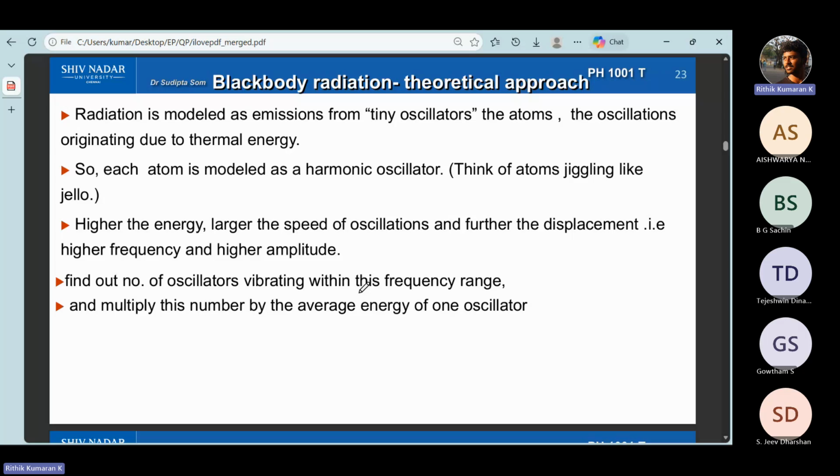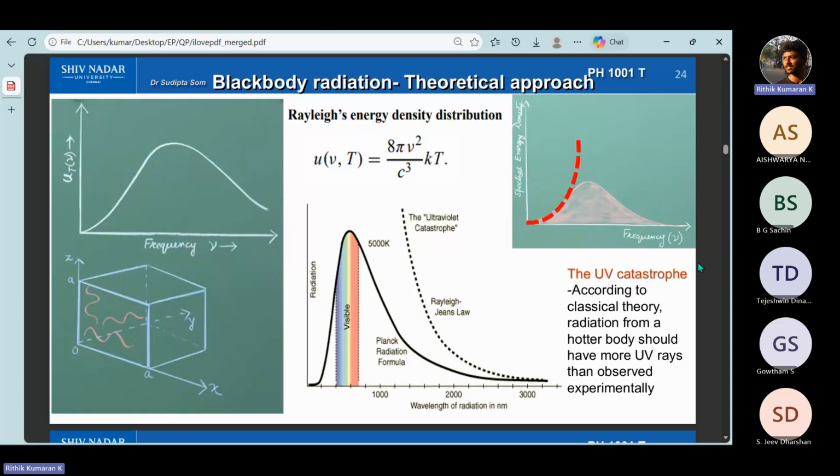Next, coming on to this graph, observe this graph. Before that, we go on to a formula, which is Rayleigh's energy density distribution. So how do we get this formula? The total energy density, which is this U, is basically equal to the number of oscillators per unit volume, like I talked about atoms which oscillate about their mean position, multiplied by the average energy of one oscillator.